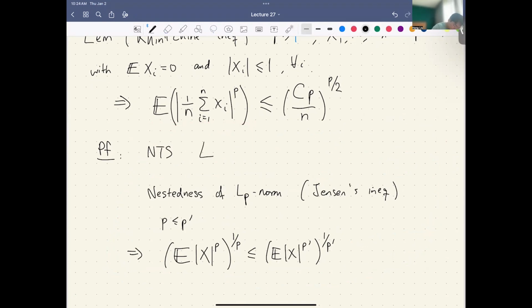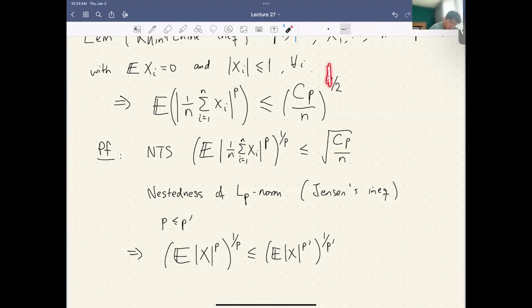We need to show the pth root is at most C, square root of P over N. Take a square root, right? This P disappears. It's 1 over 2. So it's this guy.